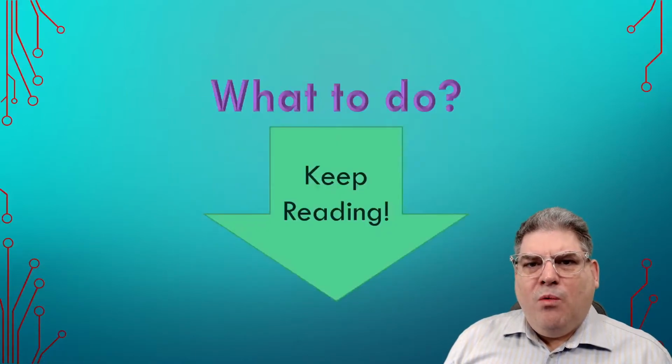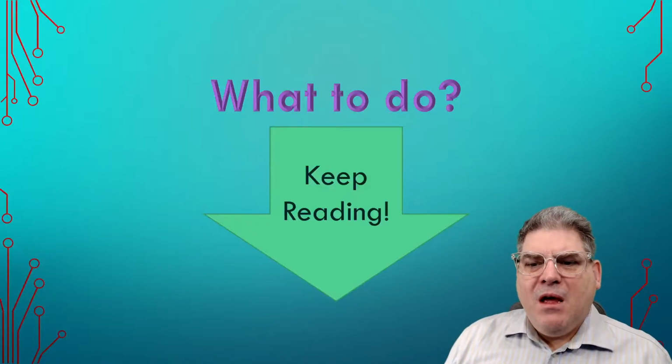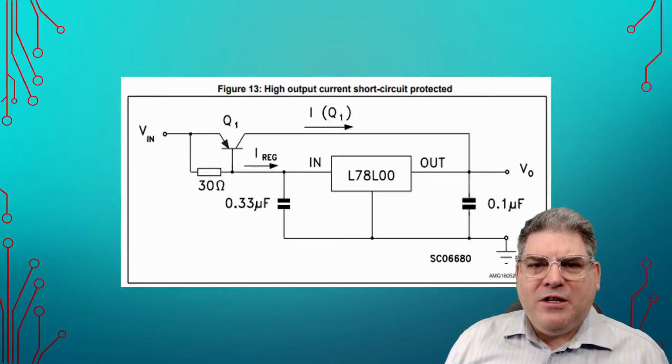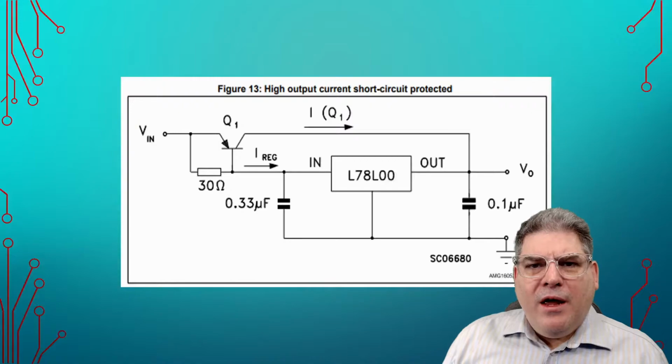So what do we do with our circuit? Well, what we want to do is we want to actually keep reading the data sheet. And so if we scroll down most of the way, you'll find a set of figures that have to do with typical applications. And in here, you will find one, it should be figure 13, that is a high current application. And this is great.